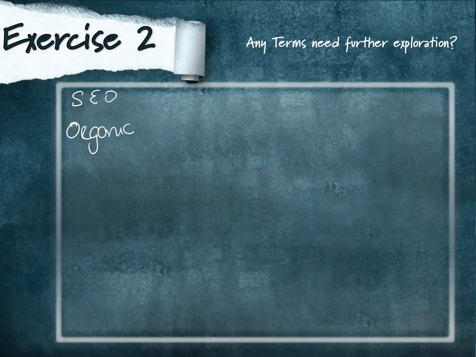And then there's organic results, which are non-paid. And what SEO is really talking about are the organic links. We'll also look at pay-per-click during this module, but we're going to start off with the whole idea of SEO.